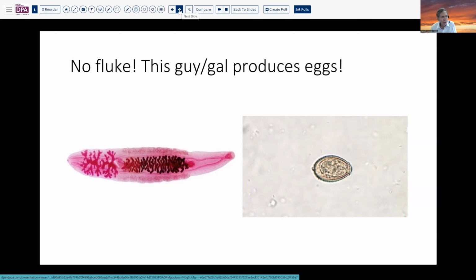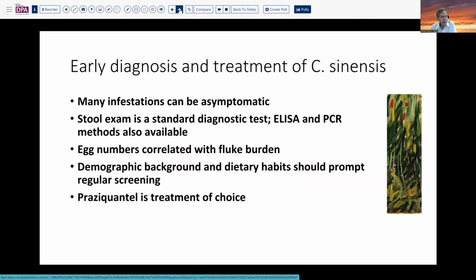And in terms of diagnosis and treatment, it's important to recognize that many infestations are totally asymptomatic. Early symptoms may be a minor fever or cold, fever, malaise kind of symptoms, but they can be very, very mild.